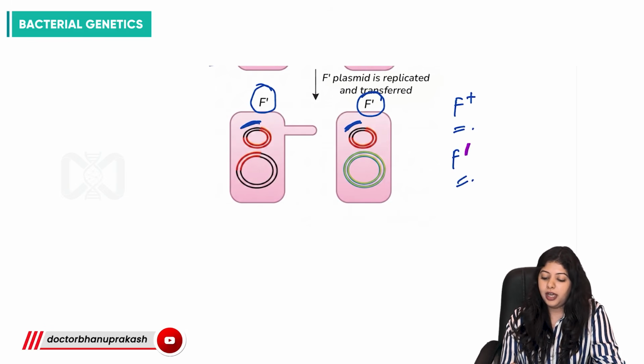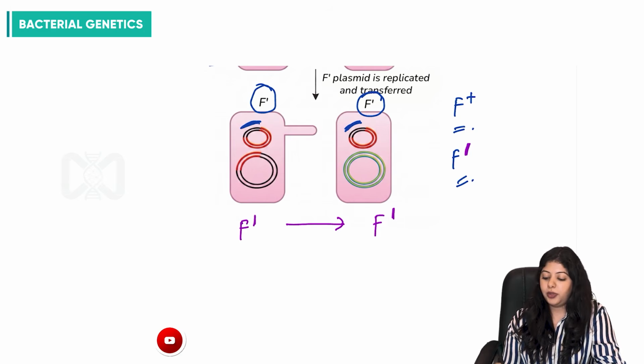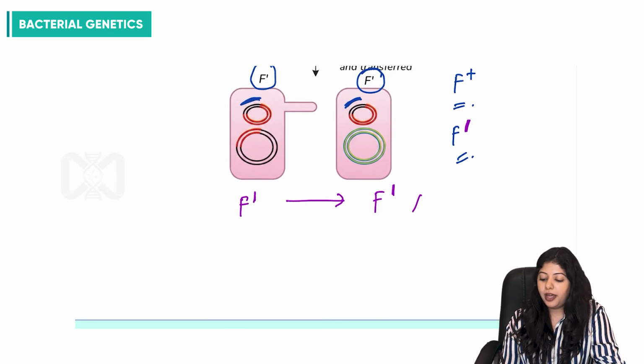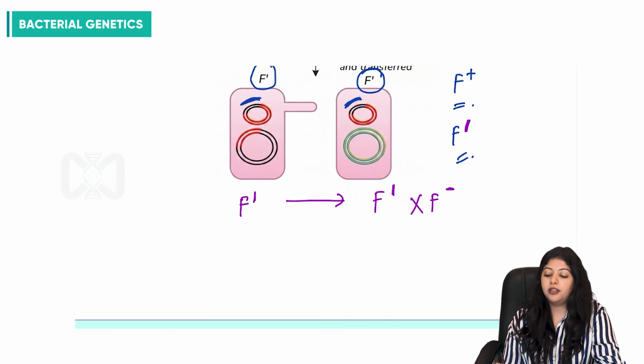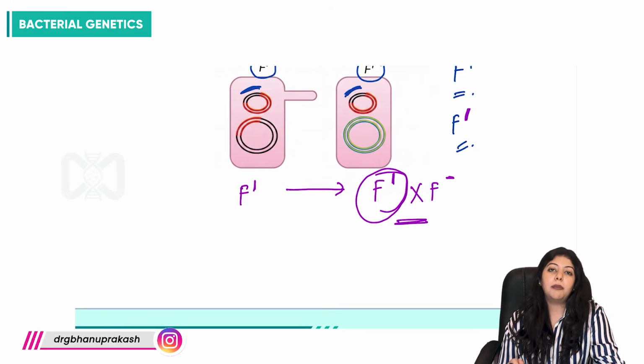So remember, the bacteria which is receiving the genetic material also becomes F prime. So it is F prime into F negative conjugation wherein the cell becomes F prime finally. So this is the method of F prime conjugation.